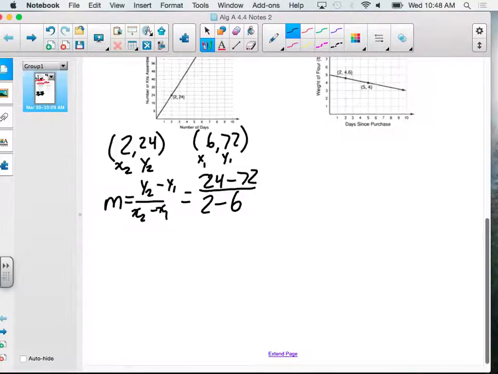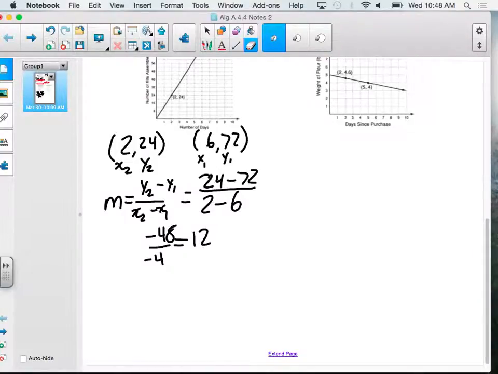So, what's 24 minus 72? Negative 48. Then 2 minus 6 is negative 4. Then negative 48 divided by negative 4 is positive 12.